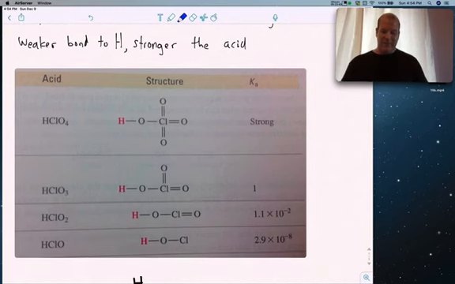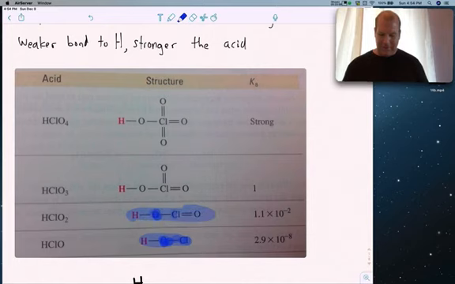So what is happening is the electron cloud. If you think of the electron cloud here, it's going more towards the oxygens and the chlorine. These oxygens are soaking it up, and then you add more oxygens. These are the electron vacuum cleaners.